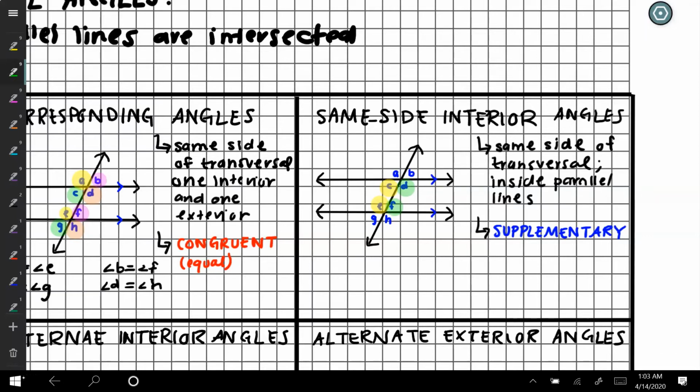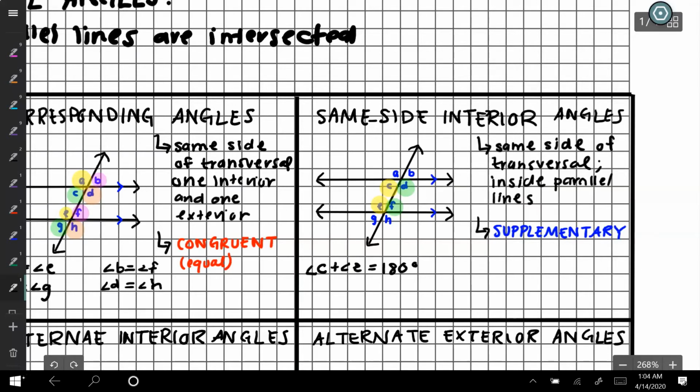So we're going to write that out as a rule. Angle C plus angle E equals 180 degrees, and angle D plus angle F also equals 180 degrees. And those are same side interior angles.